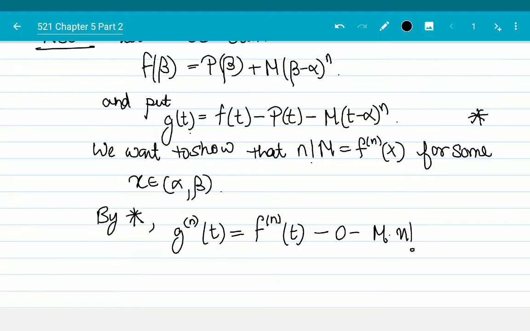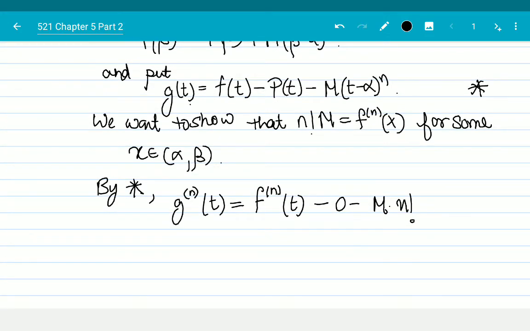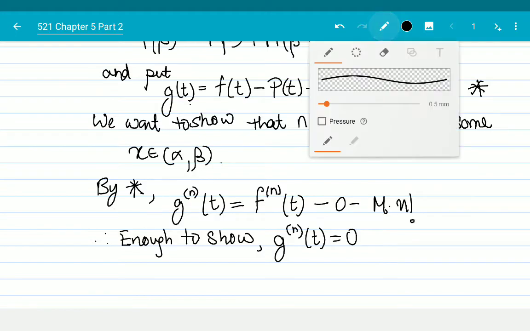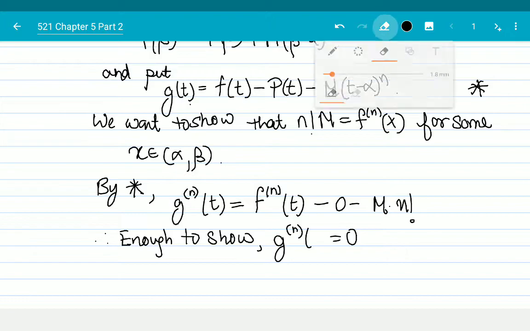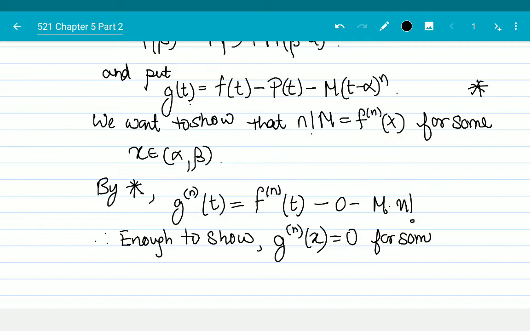In the last term I get n times n minus 1 times n minus 2 all the way, into the derivative of t minus alpha, which is just 1. Therefore it is enough to show g^(n)(x) is equal to 0 for some x.